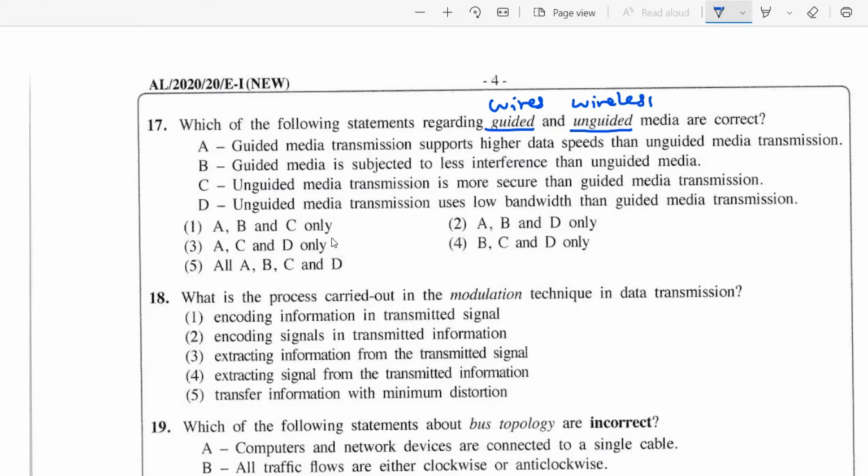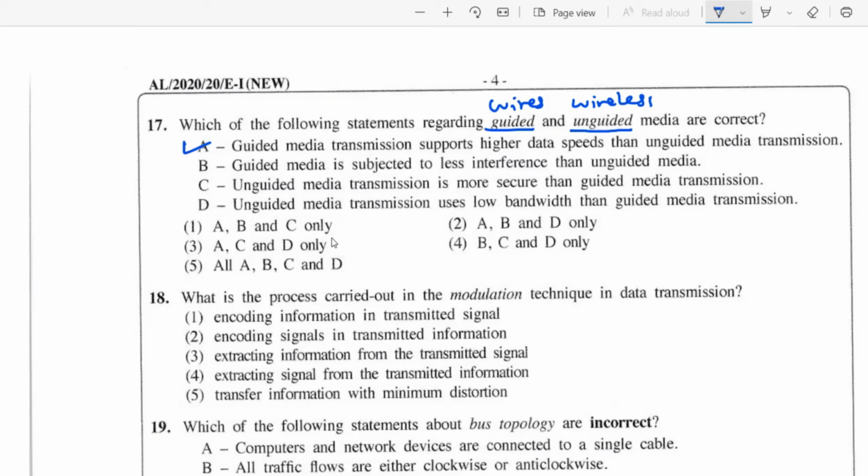As an example, what is the fastest network media in the world? The fastest method for communication is fiber optics. Right? Fiber optic cables are a guided media. So A is correct. B, guided media is subjected to less interference than unguided media.